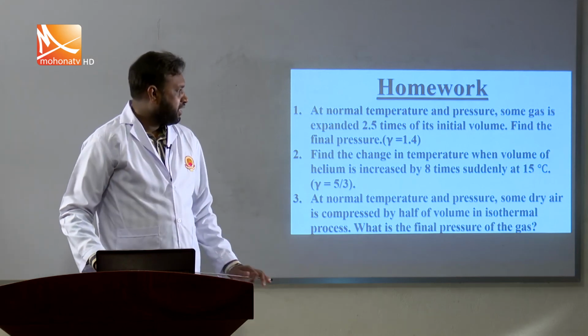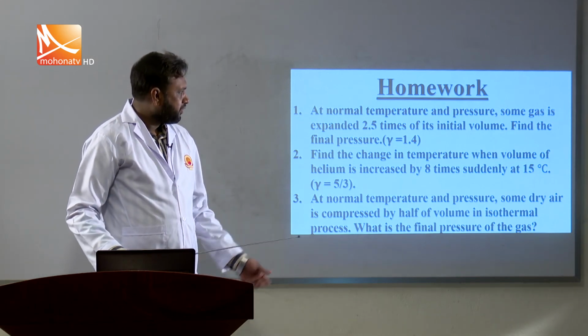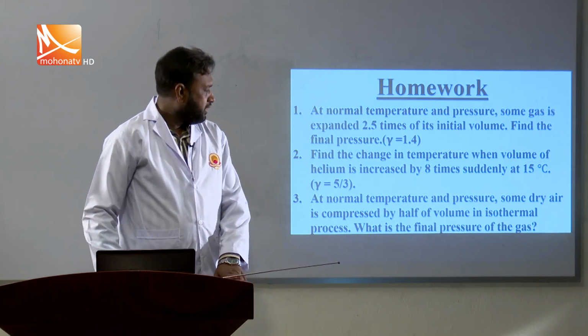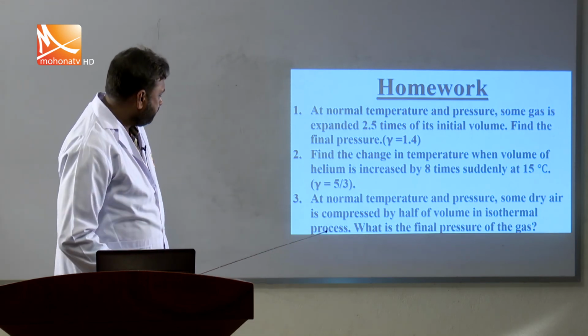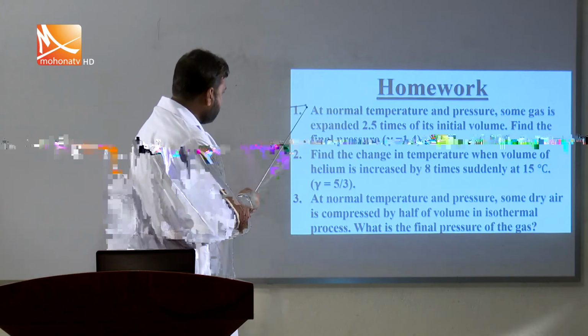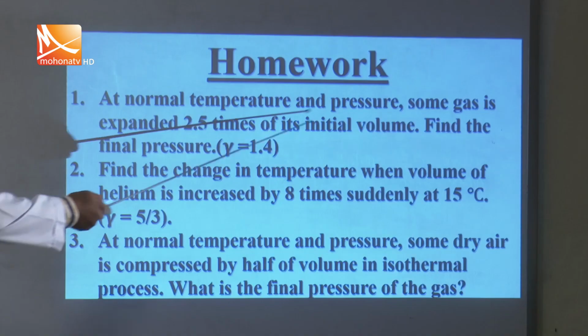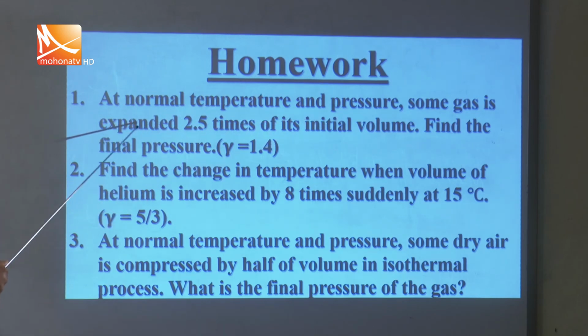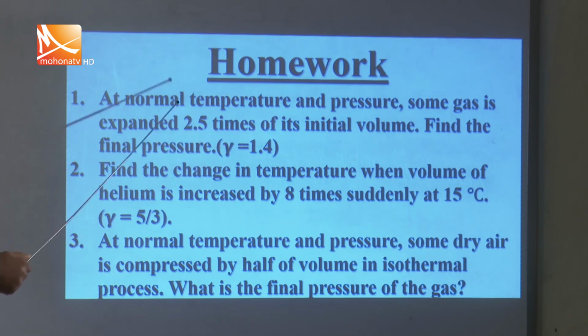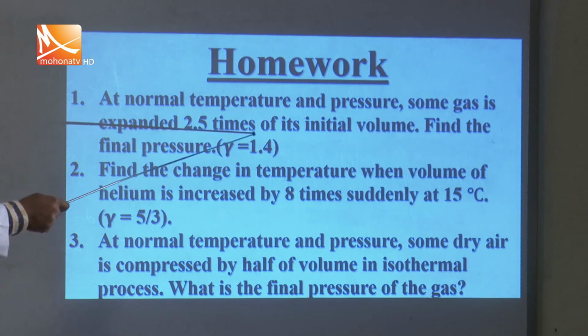Dear students, now homework for you about the relations you already gained. First one, at normal temperature and pressure, some gas is expanded to 2.5 times its initial volume. Find the final pressure. Here given gamma equals 1.4.